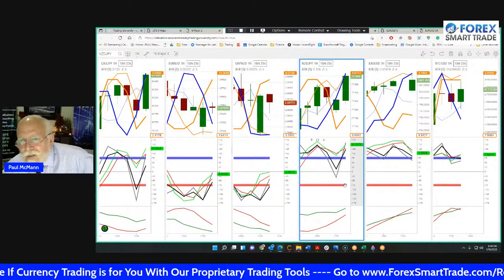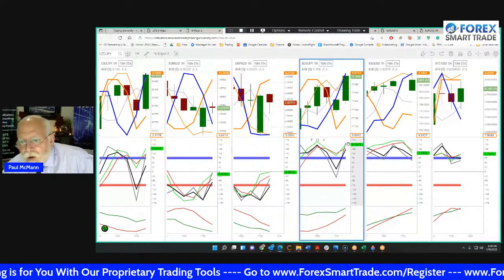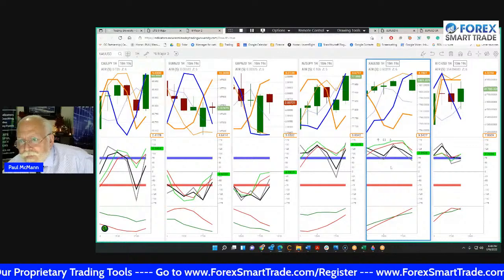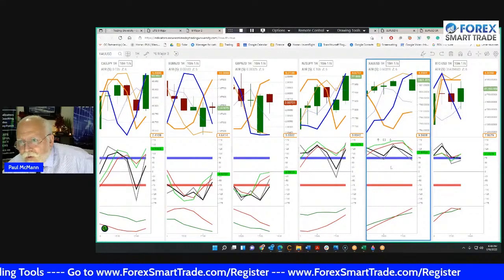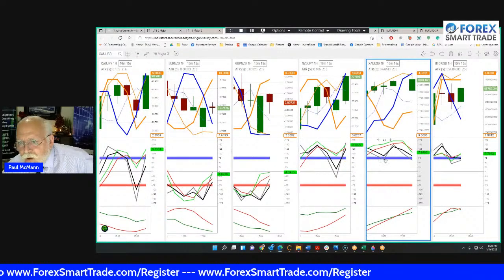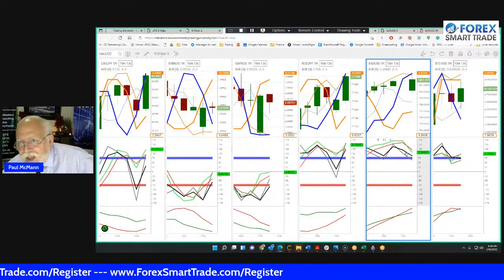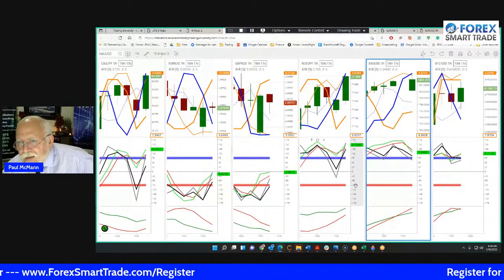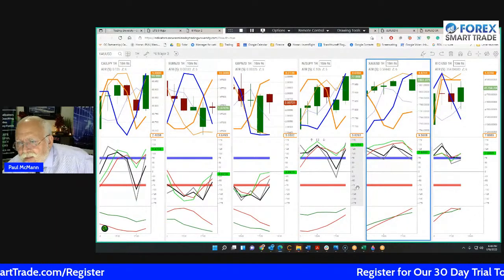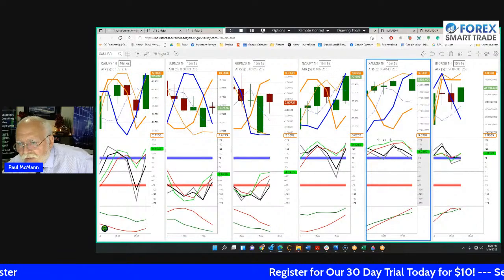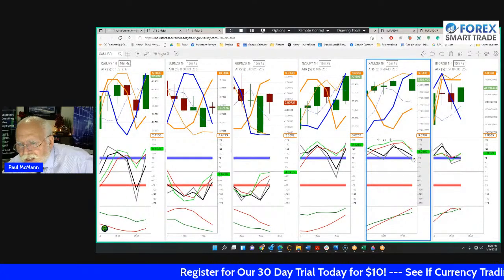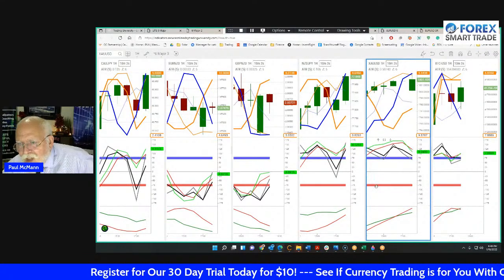Euro or New Zealand dollar, yen, overbought going up. Gold. Overbought, everybody's coming down. So we've got 3 points here. I've got the double cross, black's on top and red's on top.